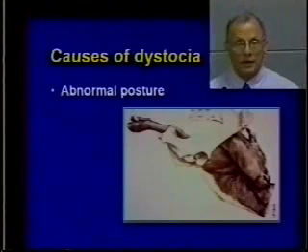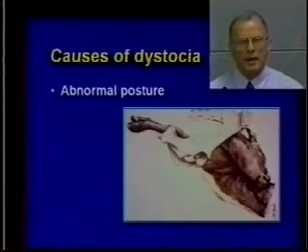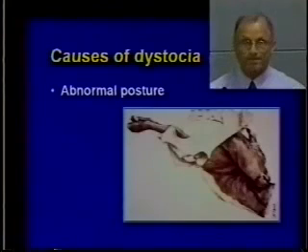The remedy then again is pushing the calf back in and straightening out the head. If we cannot do that and the calf is dead, then we can, with the use of the fetotome, deliver it separately.